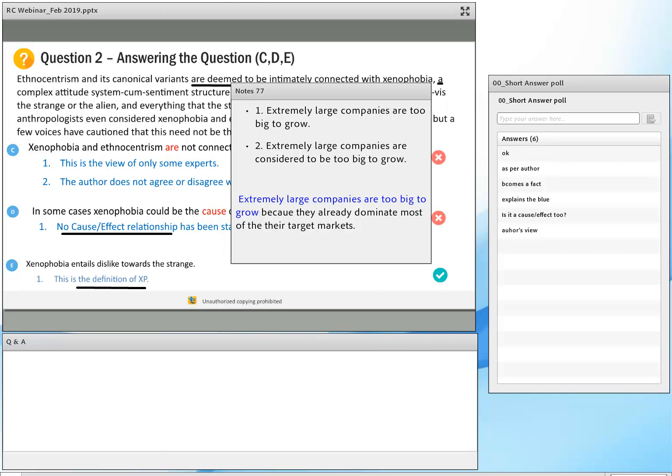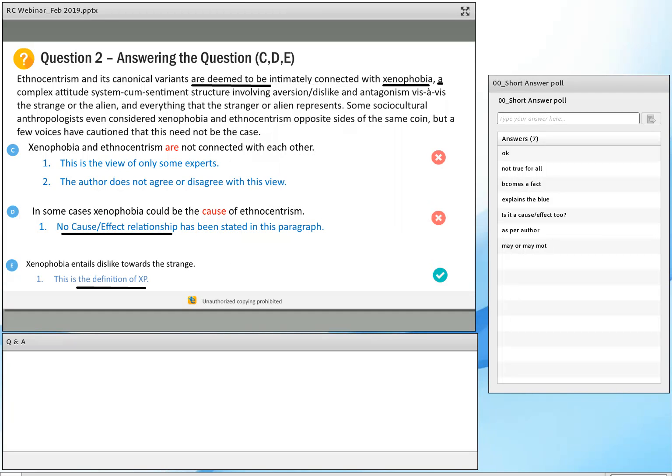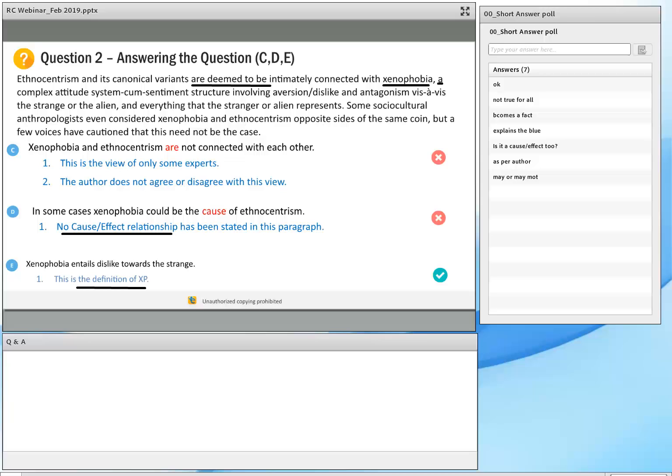Is there a cause and effect? Yes. Whenever you have the word because, you have a cause and effect. Absolutely. But it is a claim. A claim is always doubtful, whether the author makes it or whether you make it or anyone makes it. You can always question a claim. The thing that I'm trying to explain is when it comes to GMAT RC, you guys worry about reading fast.